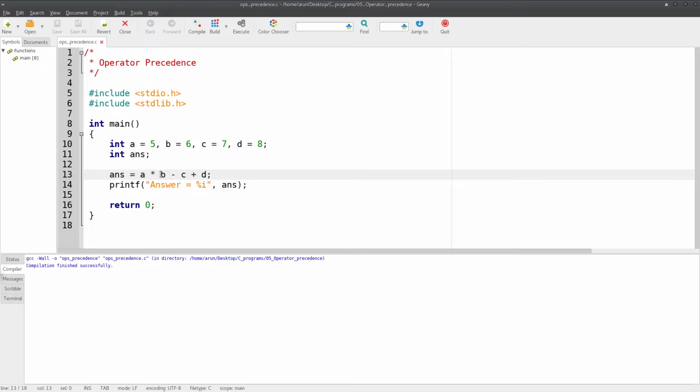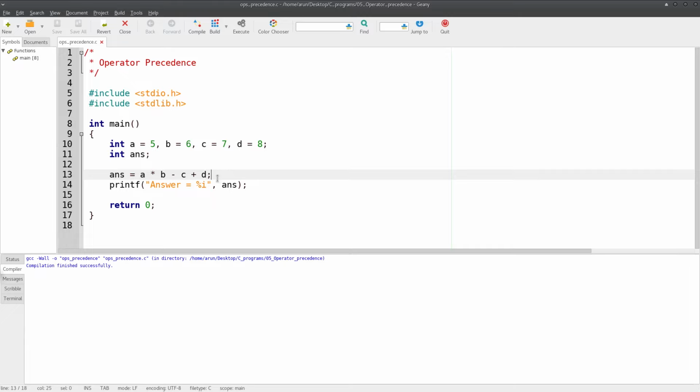Another possible way is that c will be subtracted from b, that result will be multiplied by a, and then you add d to it. All these permutations and combinations are possible. But here comes the problem. If given an expression like this, which is the correct answer I should go with? Well, there can be many, but there shouldn't be many, to avoid confusion.